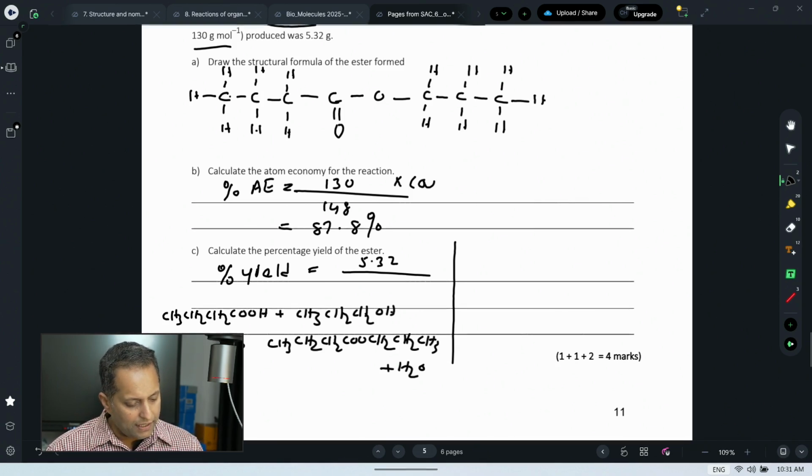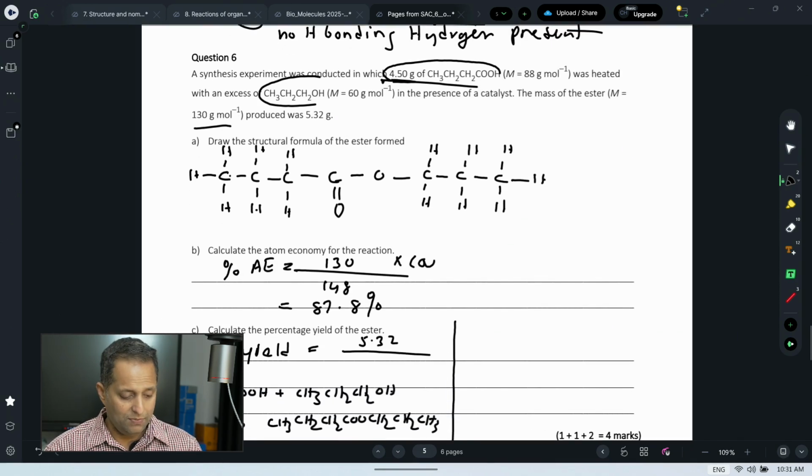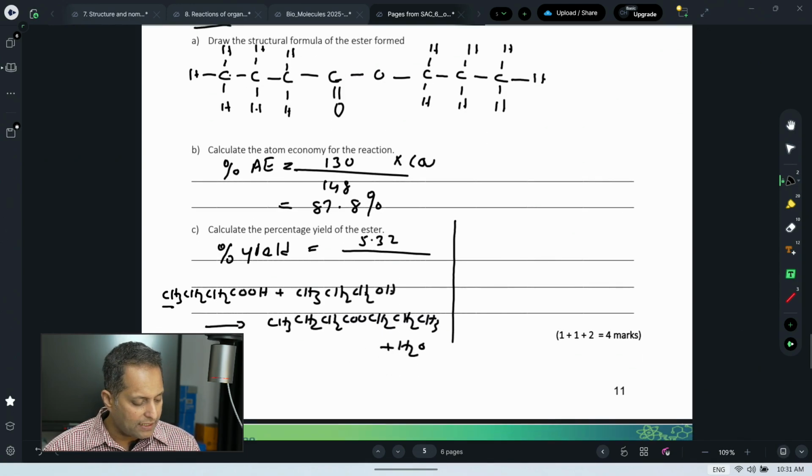Now in this case, what's our excess reagent? No, I should say, what's our limiting reagent? Limiting is the carboxylic acid. So you need to find the number of moles of the limiting reagent, therefore the number of moles of the butanoic acid, because the number of moles of the ester will depend on the number of moles of the limiting reagent. Is that clear?